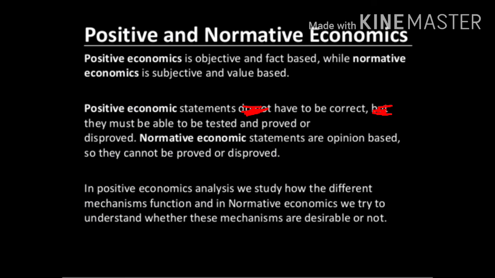It should give a clear picture of what is, what will be, when it has been done. So this description must be there in positive economics, whereas normative economics is just opinion based. Normative economics is focused on what we believe ought to be. That is, normative economics expresses a subjective opinion and involves our value judgment about how things should be.